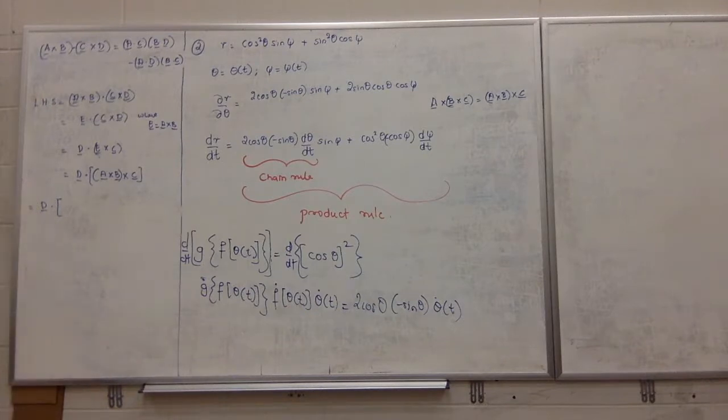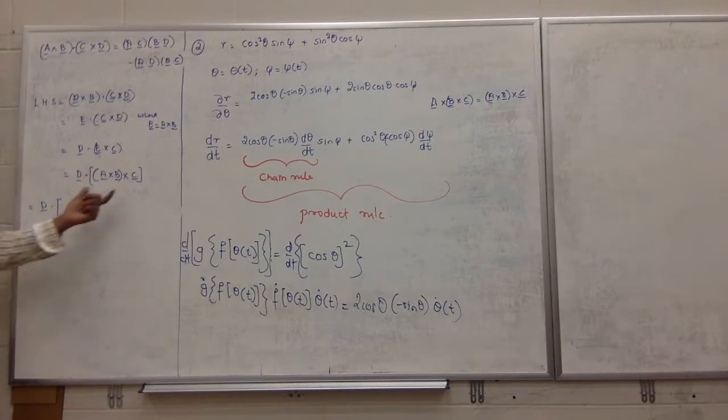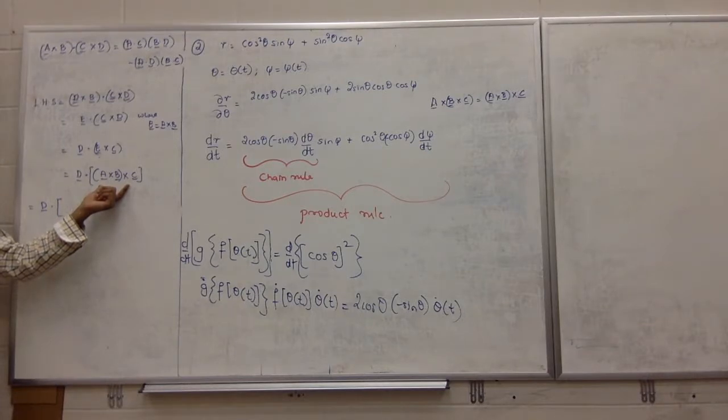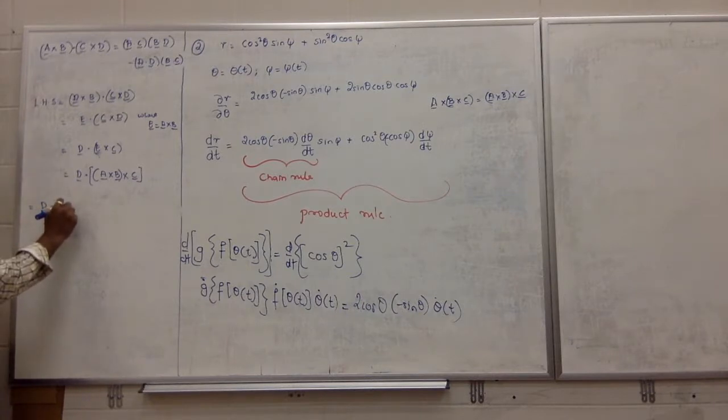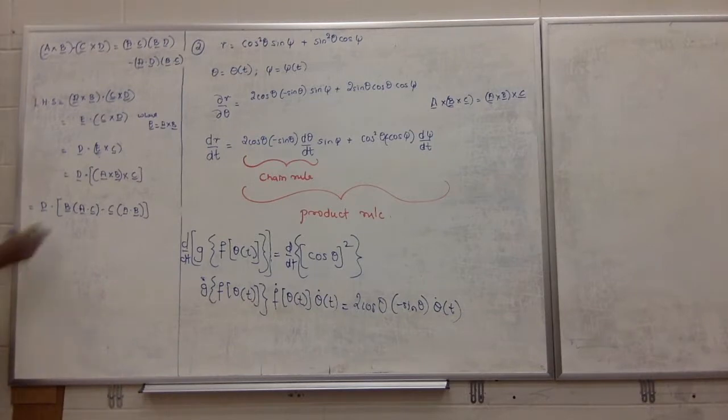So here, if you apply the BAC minus CAB rule, or if we switch it, it's negative C cross A cross B. But even without that, we can do it: you have B, A dot C, minus C, A dot B, and this B distributes now.